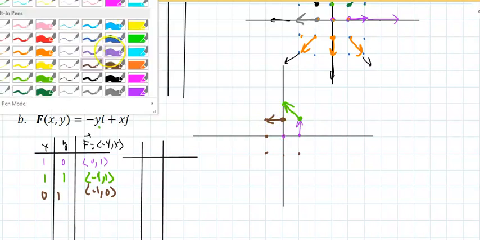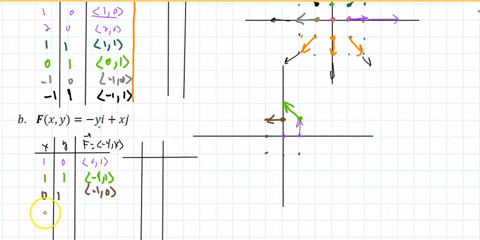How about the point negative 1, 1? Well, this says multiply the x by negative, and so here, oh, I'm sorry, this point is negative 1, 1. Let me just make sure.